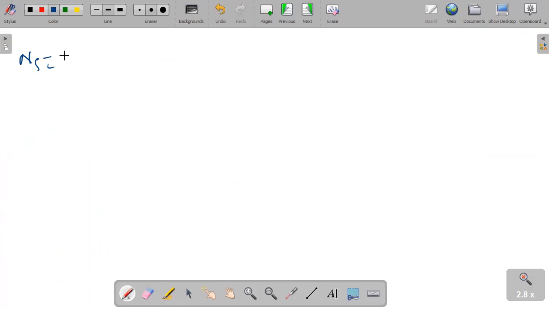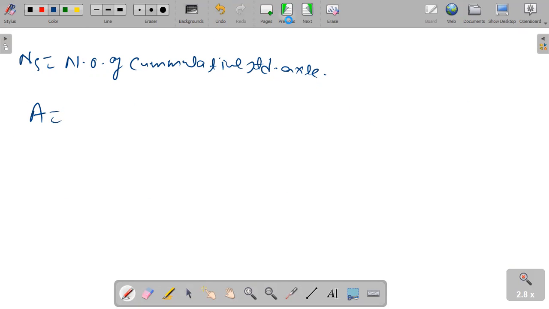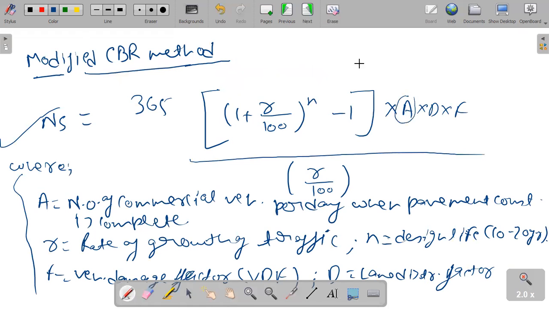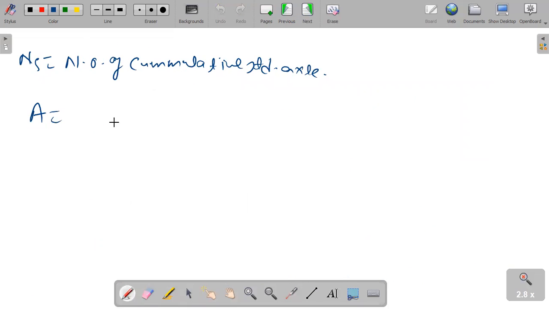Number of cumulative standard axle. Okay, basically we have a formula for this A. A is equal to P into (1 plus r by 100) power x.